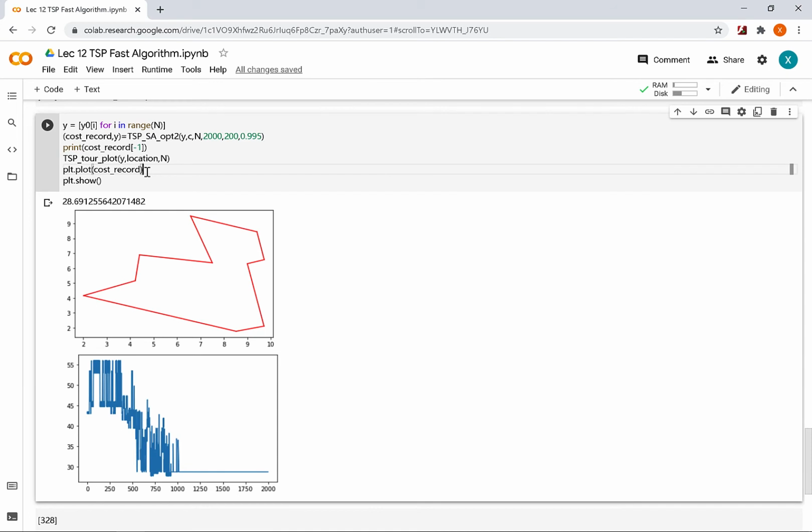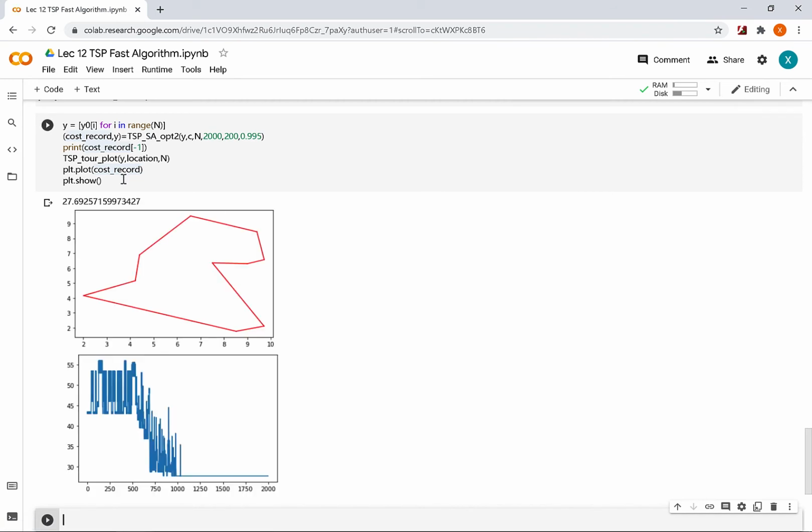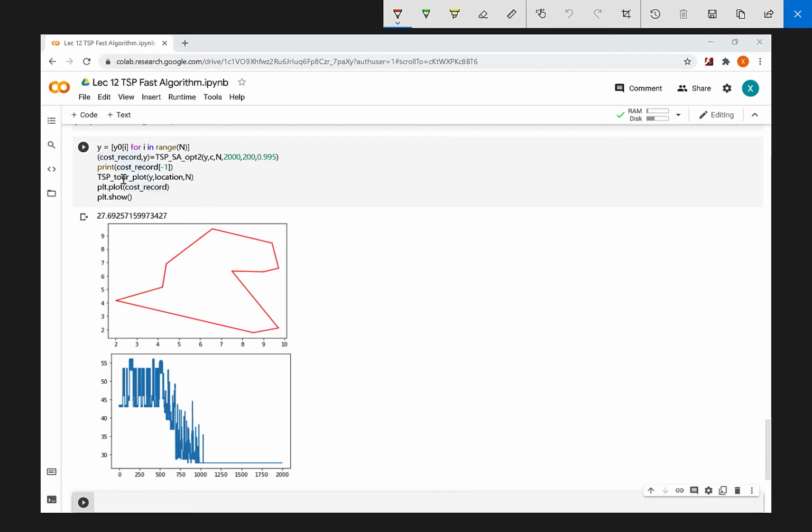Now I go back to 28, 28, 28, 27.69. So I would expect 27.69 will be the best solution we can find using our fast algorithm.